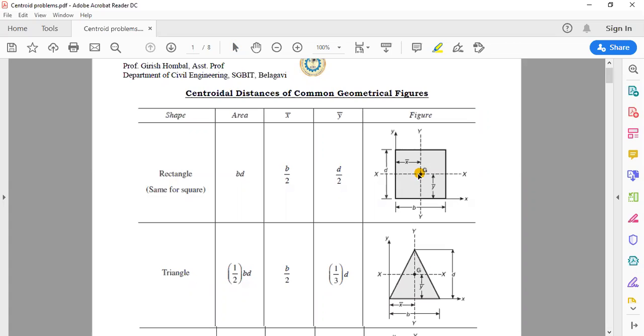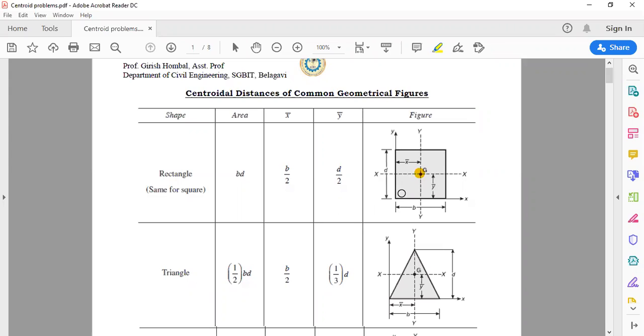Similarly, the distance of this centroidal point measured from the reference y-axis is denoted by x bar. So basically, for any geometrical figure, we have two centroidal distances, x bar and y bar. X bar is always measured from the reference y-axis, y bar always measured from the reference x-axis.